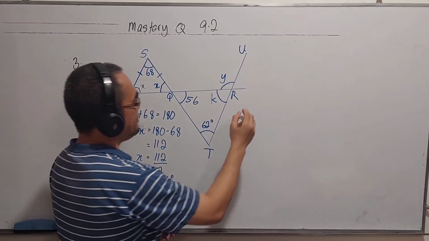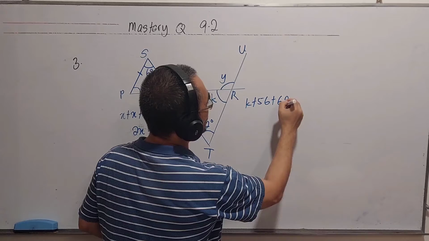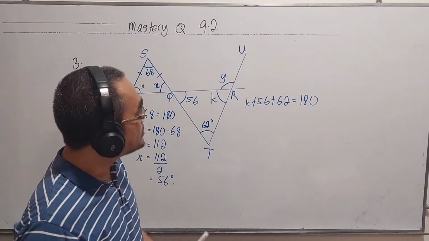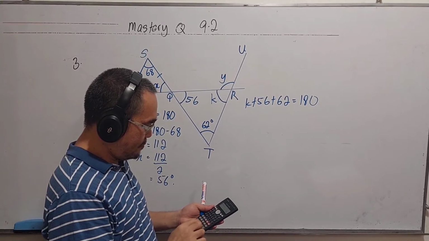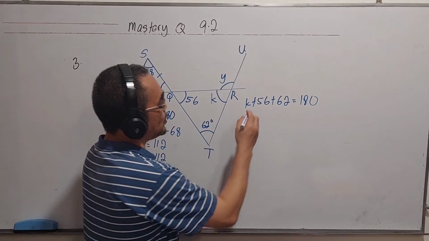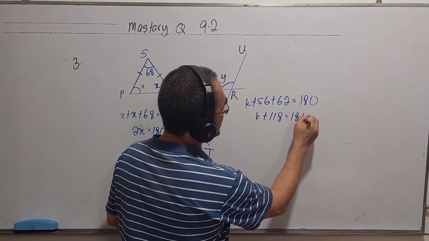So I will say K plus 56 plus 62 equals 180. So 56 and 62 will be 118. So K plus 118 equals 180.